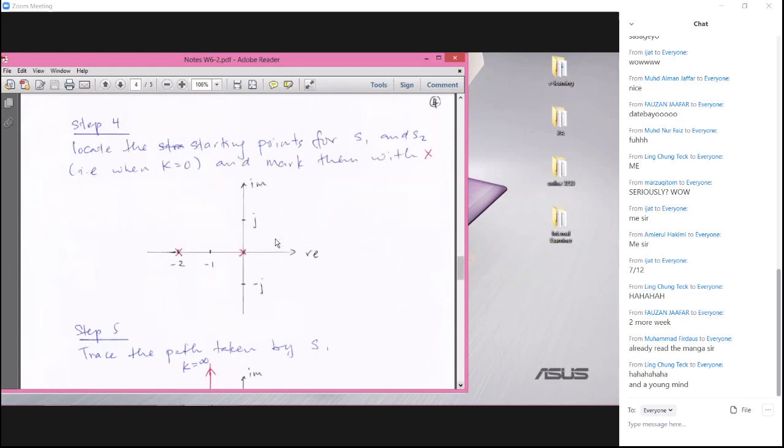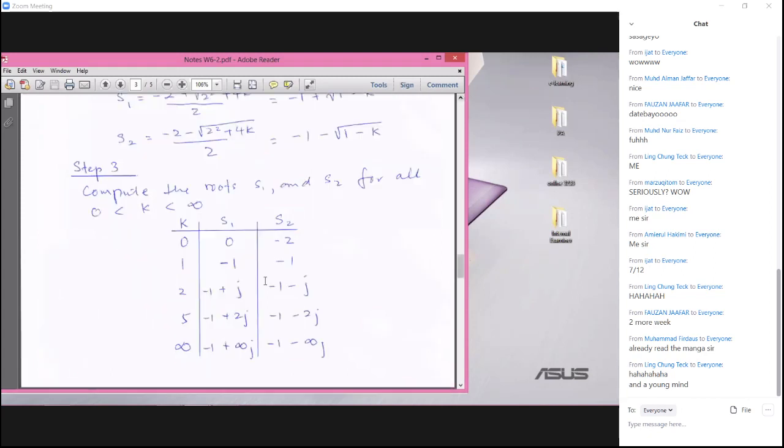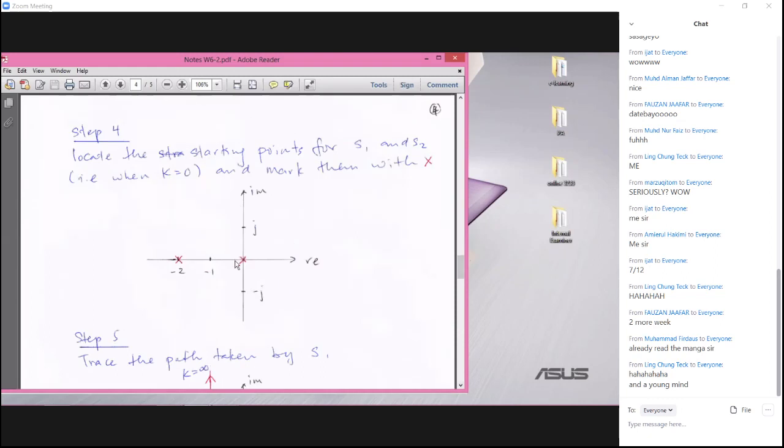Okay, so you start with k equal to 0. This is the value of s1, and this is the value of s2. s1 starts at 0, s2 starts at negative 2.